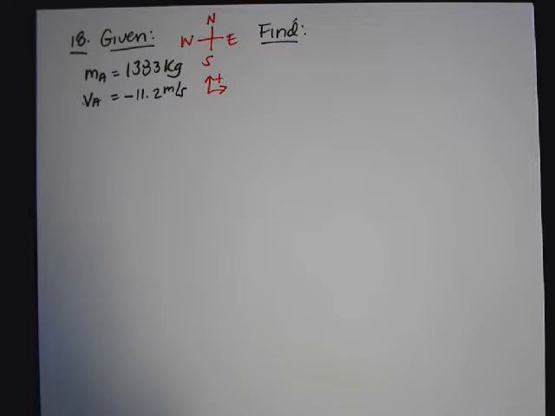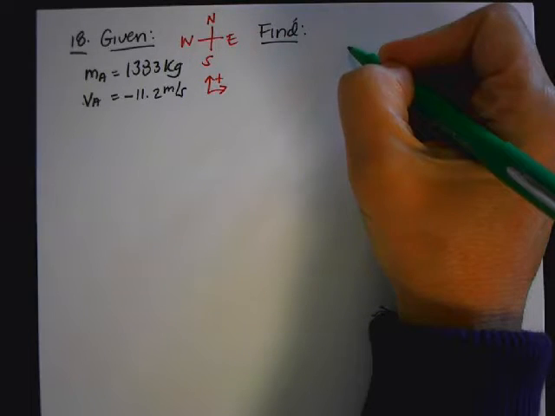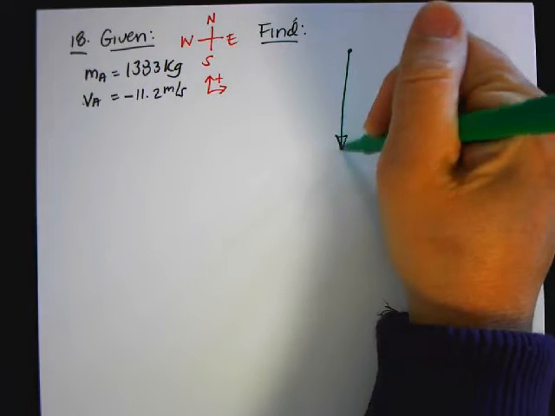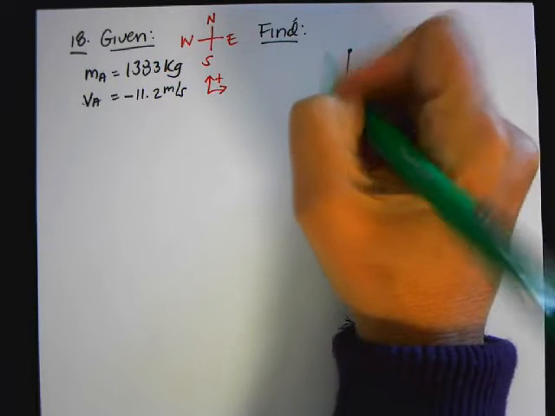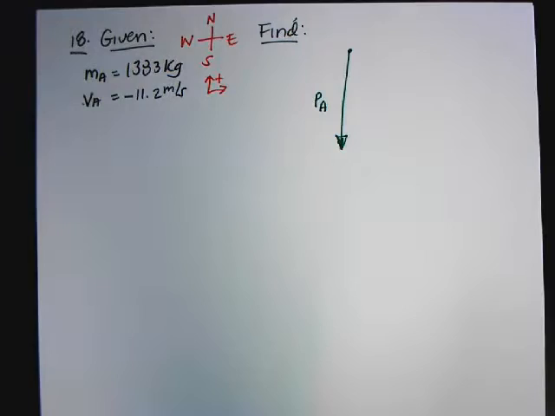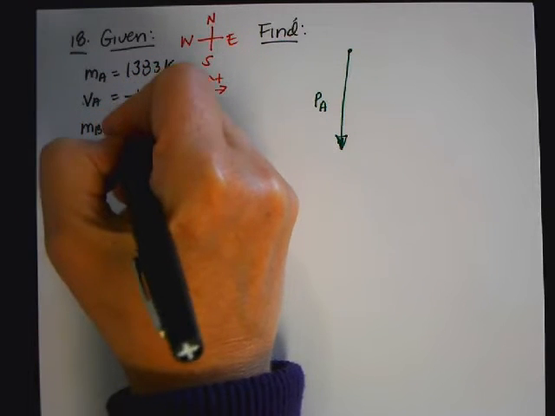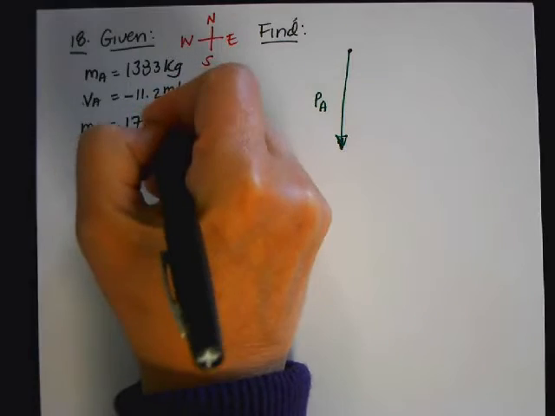So it's moving south. So the first thing I'm going to do is I'm going to draw a picture. So I start right here. They say that this car is moving south, so I'm going to draw it going down like this because south is down. So that's the momentum of car A. It's struck by a 1732 kilogram car, so the mass of B is 1732 kilograms.